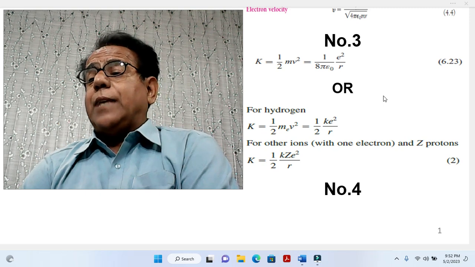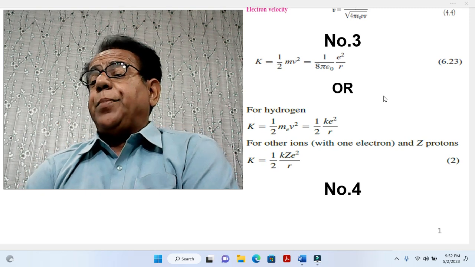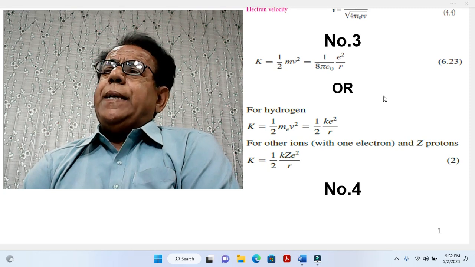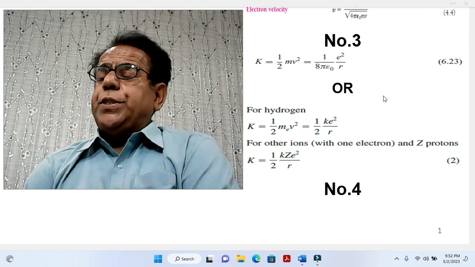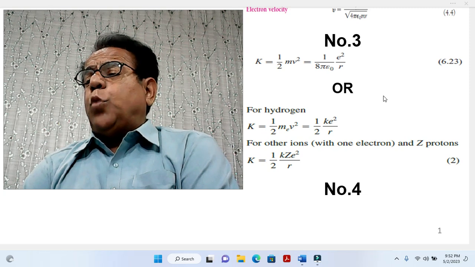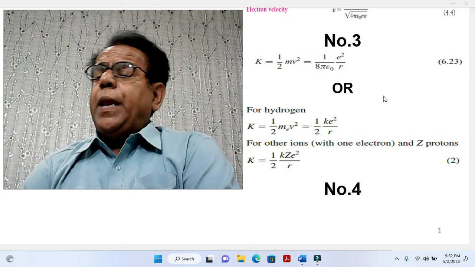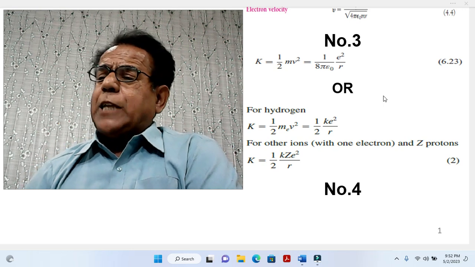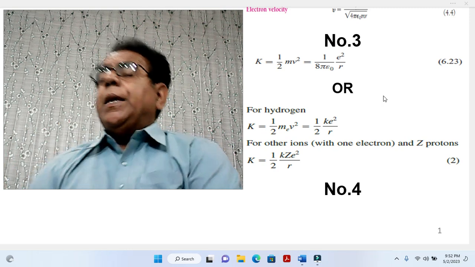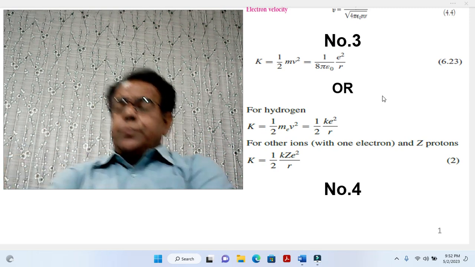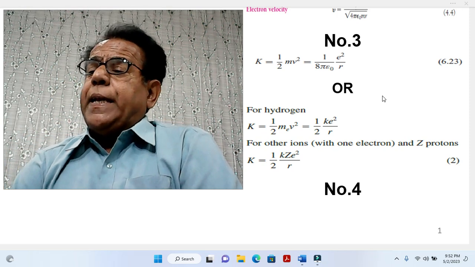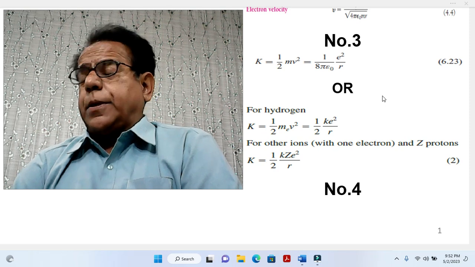Dear students, while solving this problem, here again we will apply the methodology that we will convert it into E square over 4 pi epsilon naught, and the remaining portion of this expression will be separated from this value, because we have a fixed value of this combined constant E square over 8 pi epsilon naught.